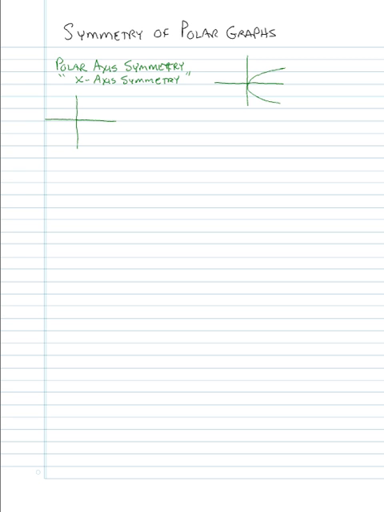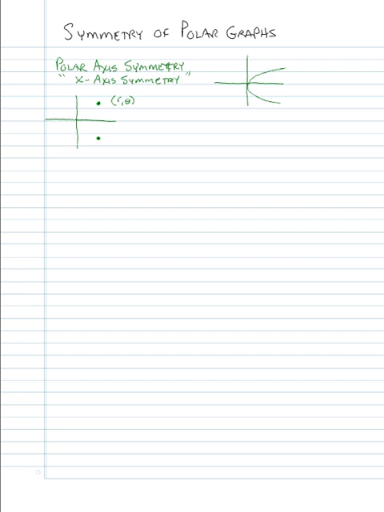So to be symmetric about the x-axis or the polar axis means that if we have a point above the x-axis that we know is on the graph, then there's got to be one matching it identically that is below the x-axis.